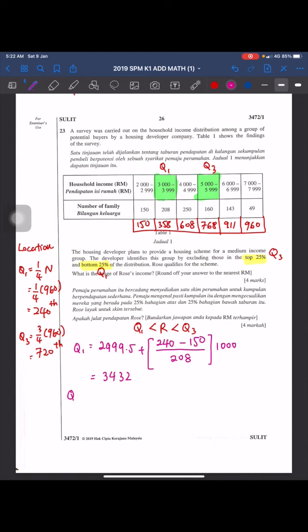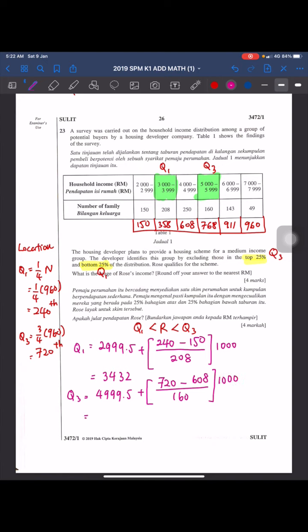So next kita cari third quartile. Sama juga, lower boundaries of the third quartile class, so kita ada 4999.5 plus location of the third quartile 720 minus cumulative frequency before third quartile, so 608, divide by frequency of the third quartile itself, so 160, times class size 1000.